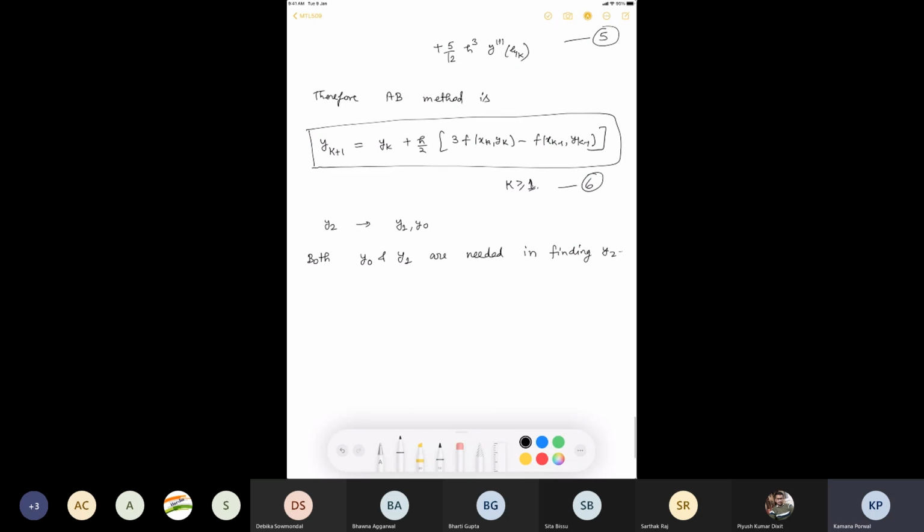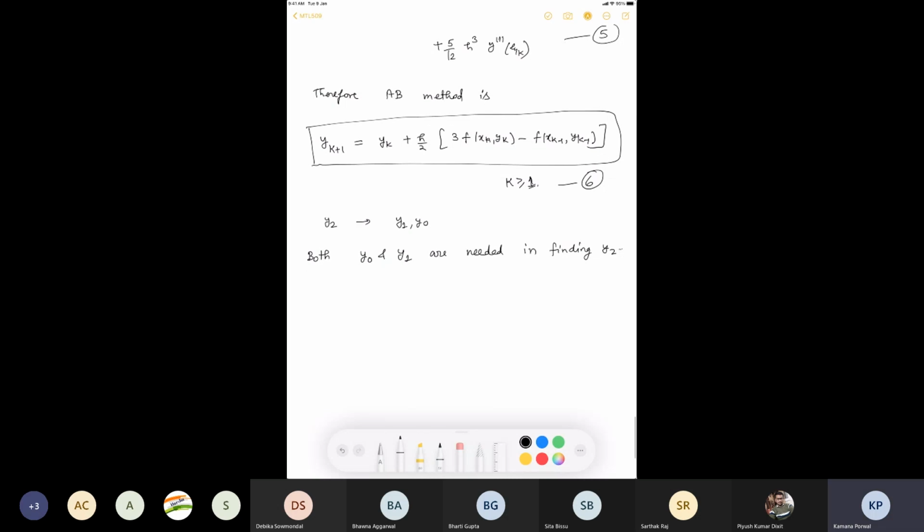But what is known to you is only y0, right? Now you'll wonder what we should do to find the value of y1, because you cannot find the value of y1 using this formula. To find y1, you can apply the single step methods. You know y0, so you apply a single step method to find the approximation y1, and then you have both y0 and y1, and you can use this formula to compute y2 and onwards.